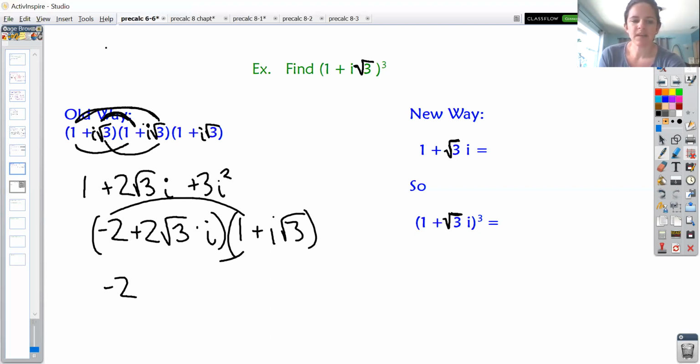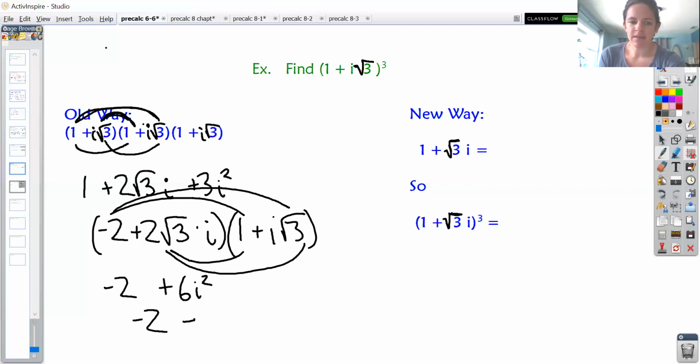Then I get plus 2 root 3 times i here, but I get minus 2 root 3 times i there, and those actually cancel out. And then for the last terms, I would have i squared, and I'd have 2 root 3 times root 3. So 2 root 3 times root 3 would be 2 times 3, which is 6, right? So plus 6i squared. That's -2 minus 6.